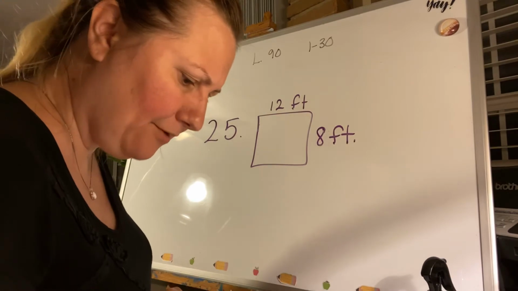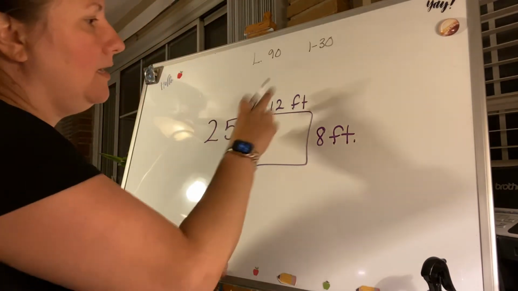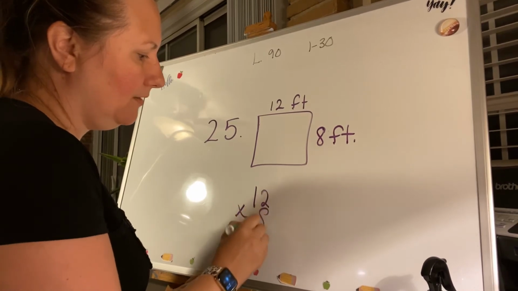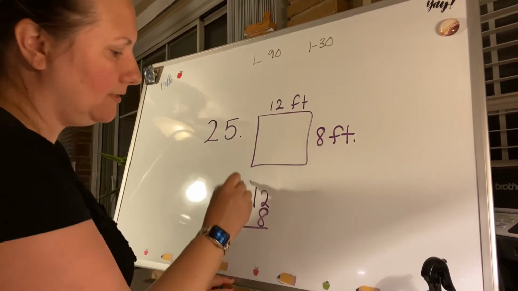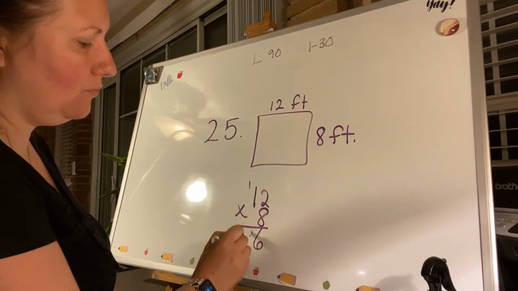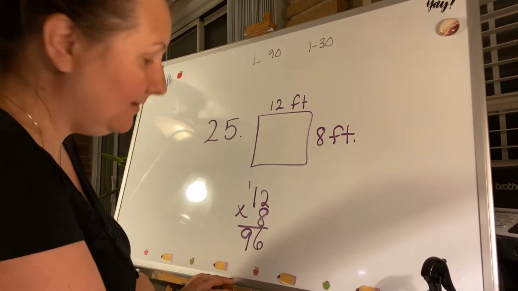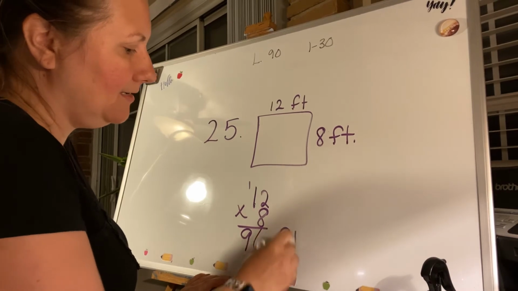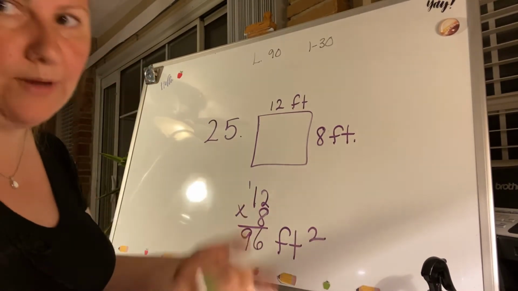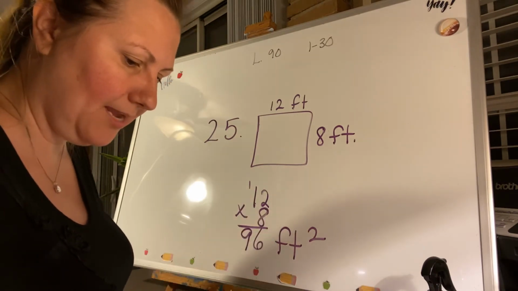And then it says how many square feet. To figure out square feet, we know we do length times width. 12 times 8, 2 times 8 is 16. 8 times 1 is 8 plus 1 is 9. And we have 96 square feet, or 96 feet squared, which means the same thing.